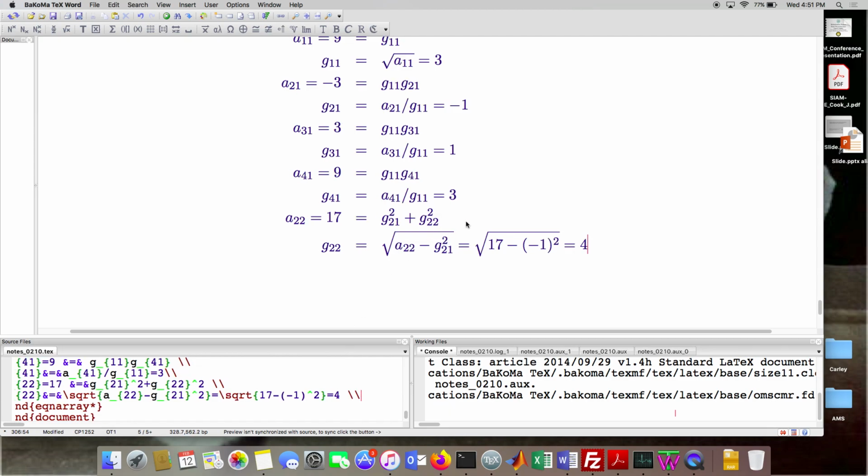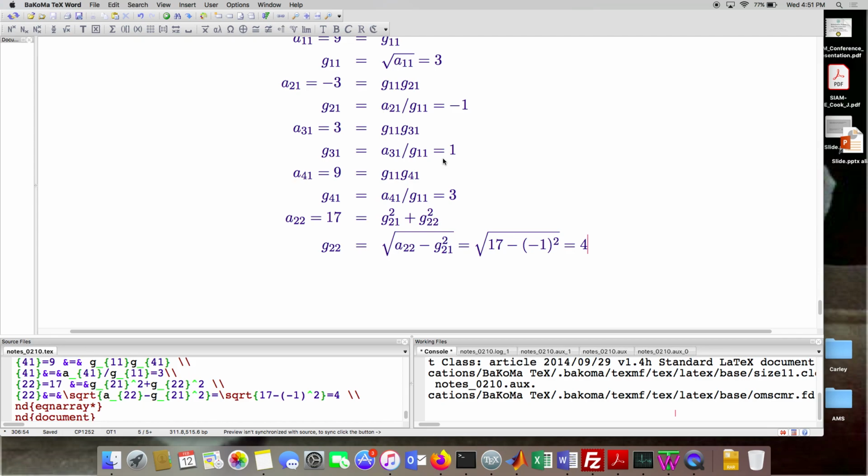Okay. Now, you can see where taking a square root is risky because we may be taking a square root of a negative number. Also, these divisions may be dividing by 0. However, if a matrix really is symmetric positive definite, none of those things will happen. But Cholesky factorization is actually a good way to make sure that a matrix is symmetric positive definite.